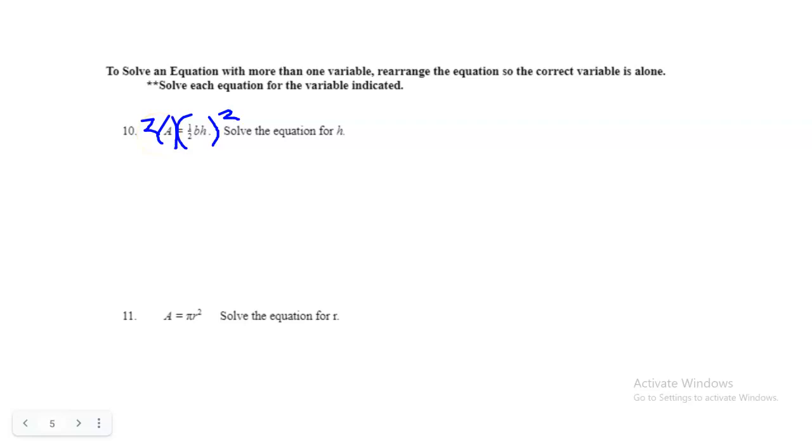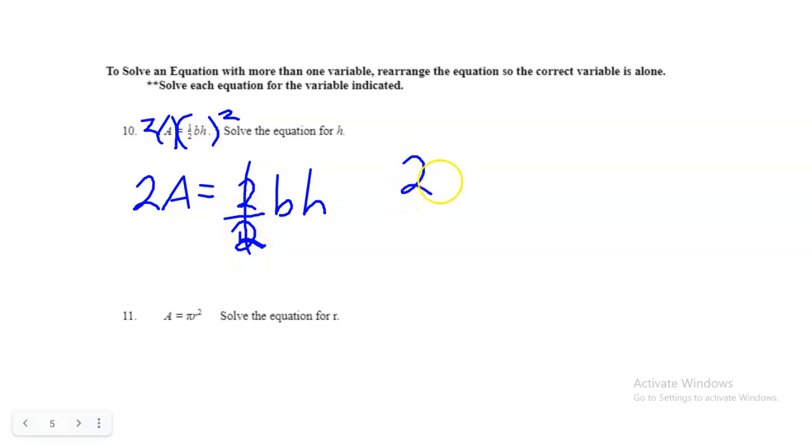So if I multiply both sides by 2, I get 2a is equal to 2 over 2 b times h. And what happens to those 2 over 2? That reduces to 1. So I'm left with 2a equal to base times height.